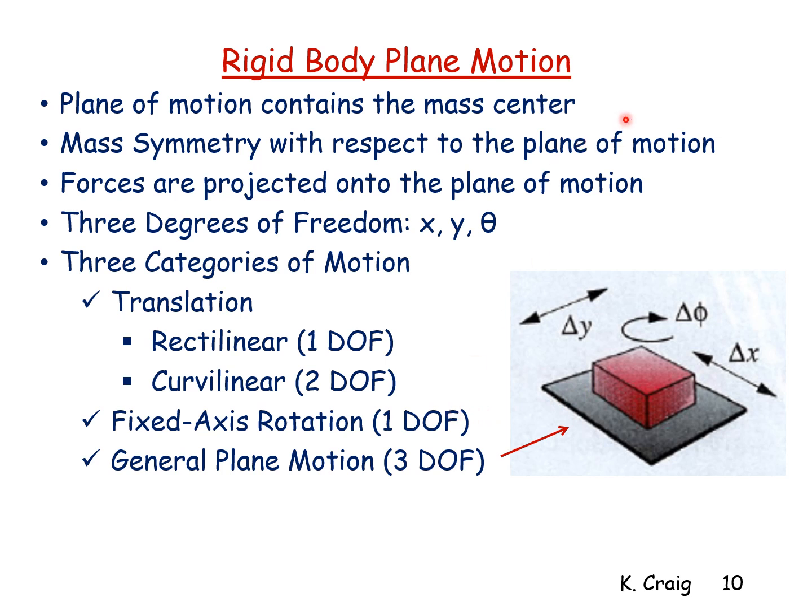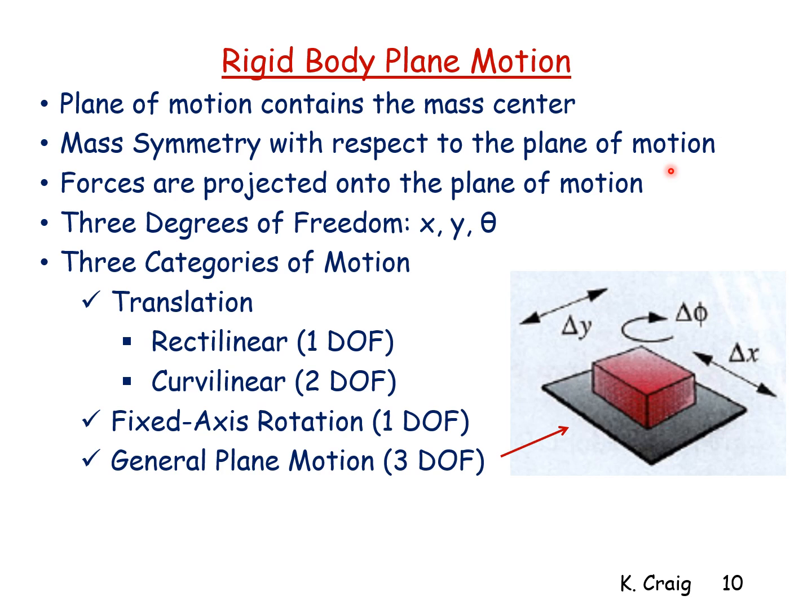But what do we mean by plane motion? Well, there are 3 attributes of a plane motion system. There's no such thing as a pure plane motion system. As you saw, the rigid body and the discs are not all in one plane.